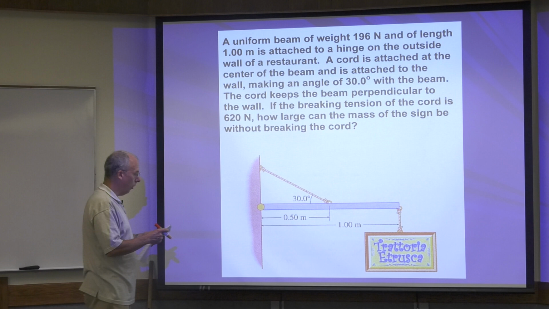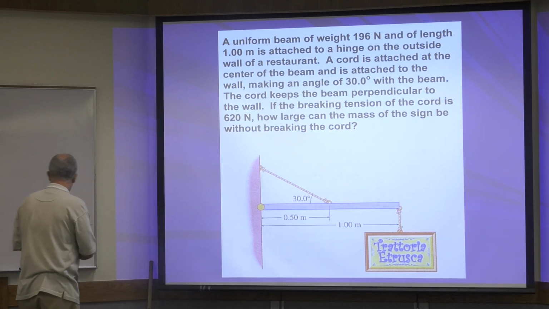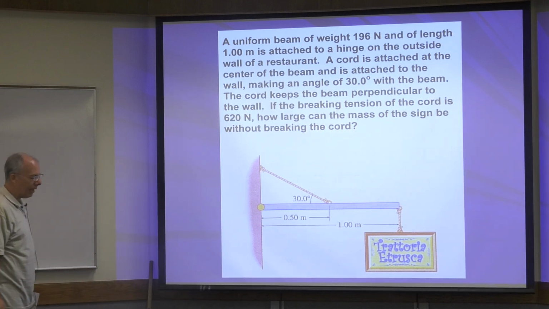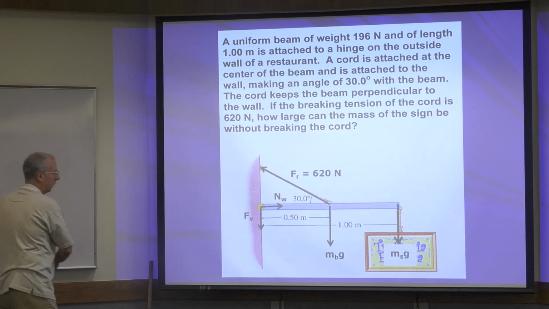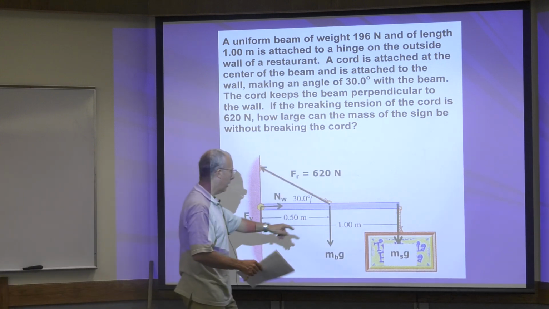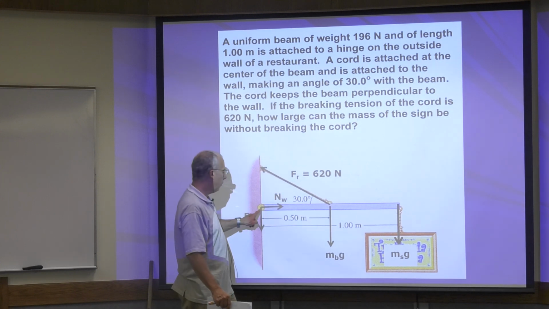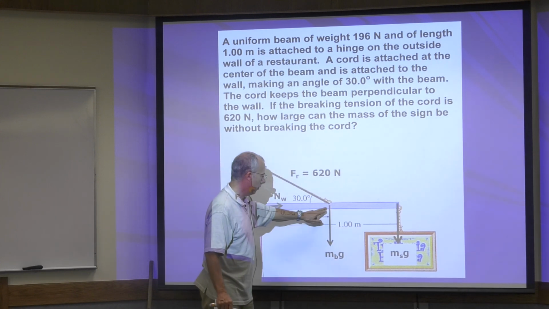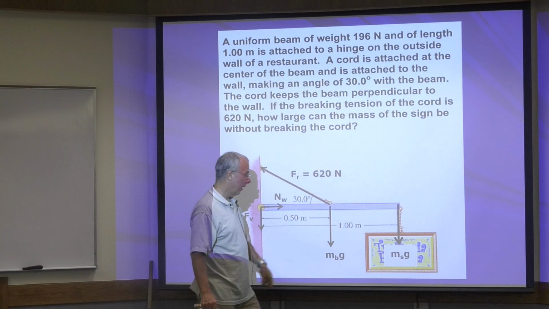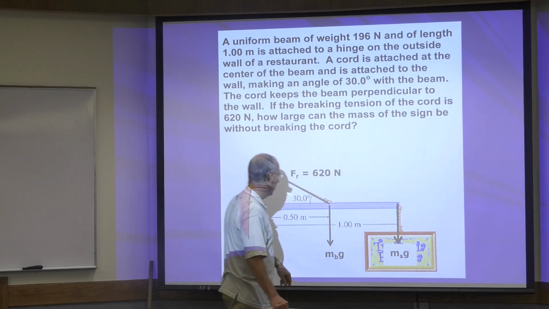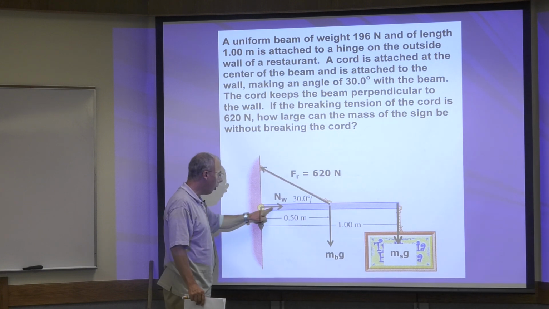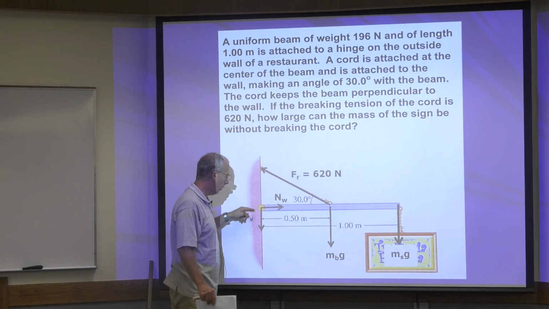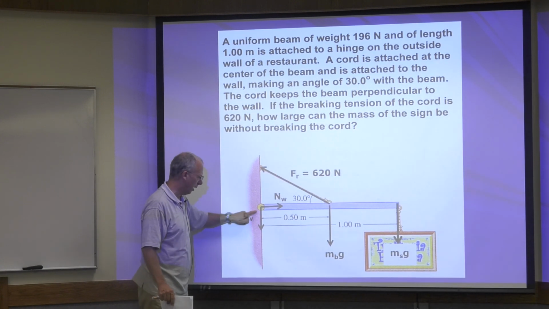All right, so first off, draw the force diagram. Again, now you got to be careful. So here's the weight of the beam. This is a uniform beam, so the center of gravity is just at the center. Here's the weight of the sign. Here's this rope. Now look, here's a normal force, perpendicular to this. Now what's the deal with this thing?